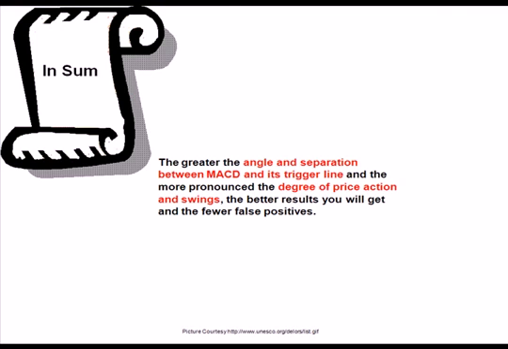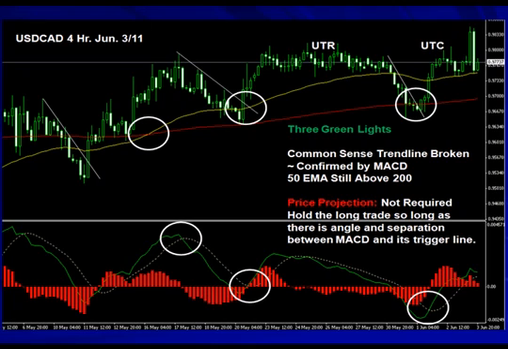A point here. Just remember that an important point in trading trends, as we are here, is to observe the attitude of MACD in relation to its trigger line. You'll notice that we have good angle and separation here. When we took this trade back here, MACD at no point ever penetrated through the trigger line to the south and maintained a good angle and separation between itself and its trigger line.